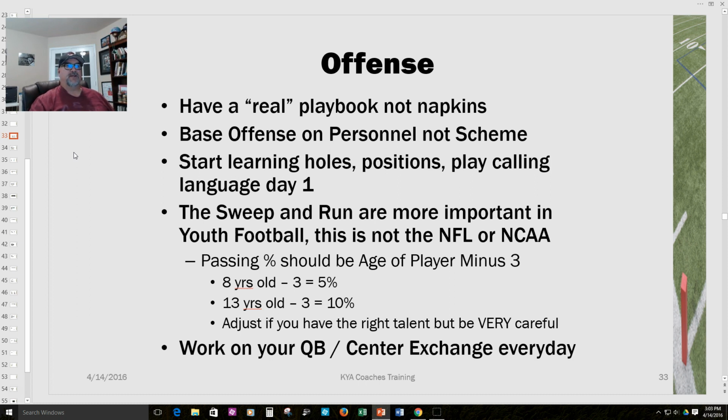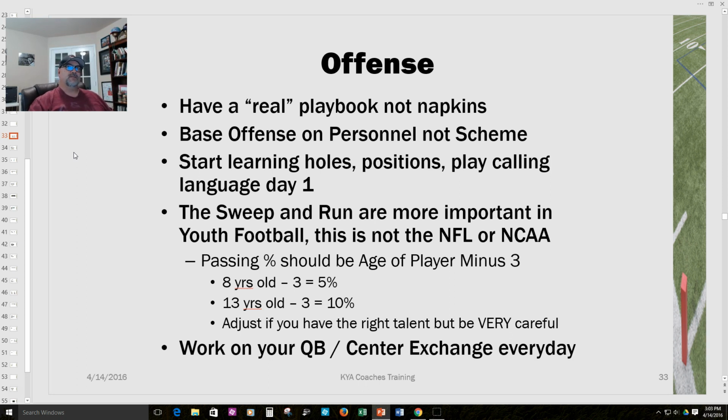A lot of people don't have that software. So if you use PowerPoint, you can usually send it to your assistant coaches and they have a copy and can update things. So try to have a real playbook. And also I print off plays and give them to my running backs and skill players, and even some of my defensive schemes I give to my skill players. And it has worked out good for us being able to do that.